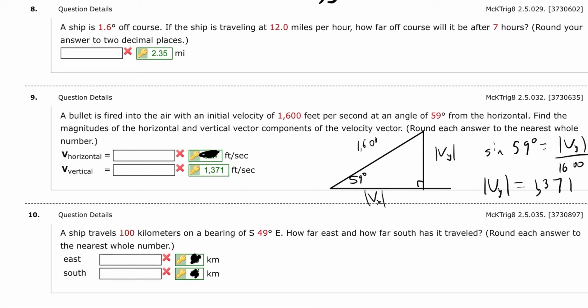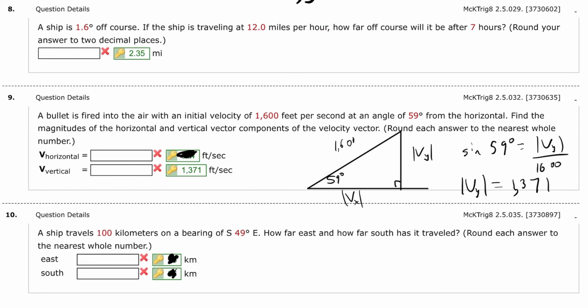A ship travels 100 kilometers on a bearing of south 49 east. How far east and how far south has it traveled? So let's draw this picture. So there's your north, south, west, east. The ship is traveling 100 kilometers on a bearing of south 49 east.